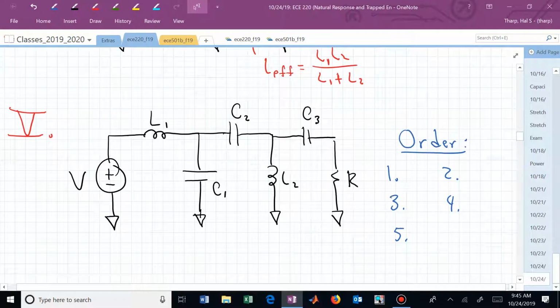One more. What's the order of this circuit? One through 5.